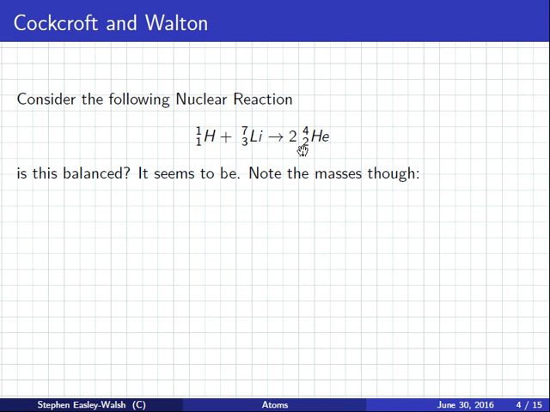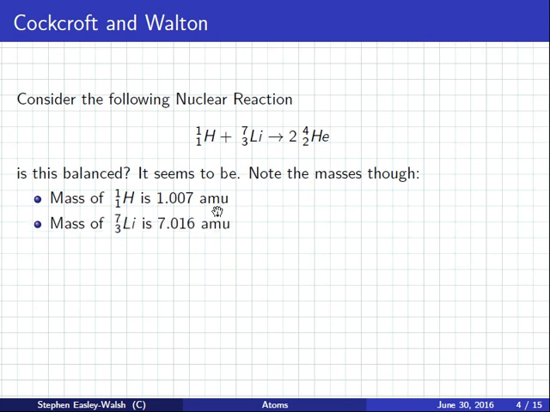Now, the masses though. The mass of hydrogen is 1.007 AMU. The mass of lithium is 7.016 AMU. And the mass of an alpha is 4.002 AMU.